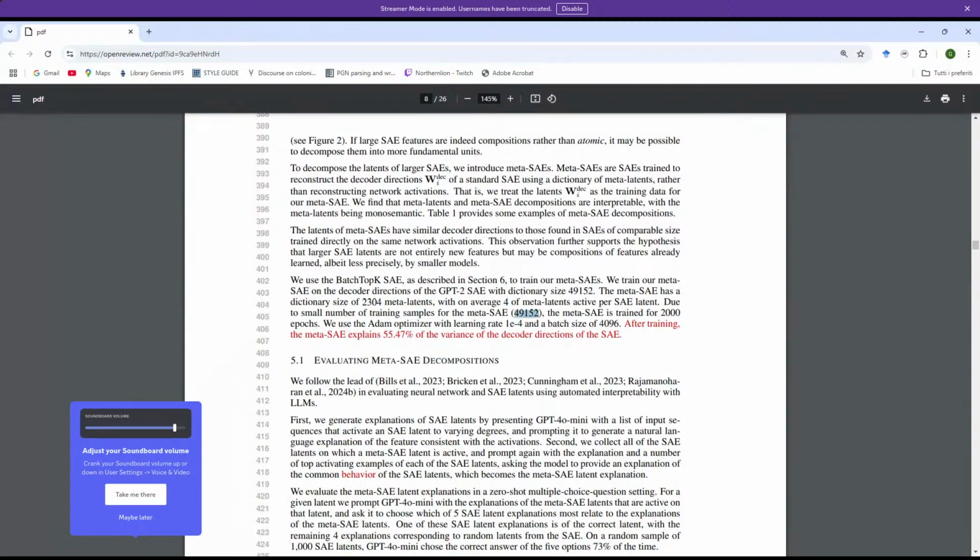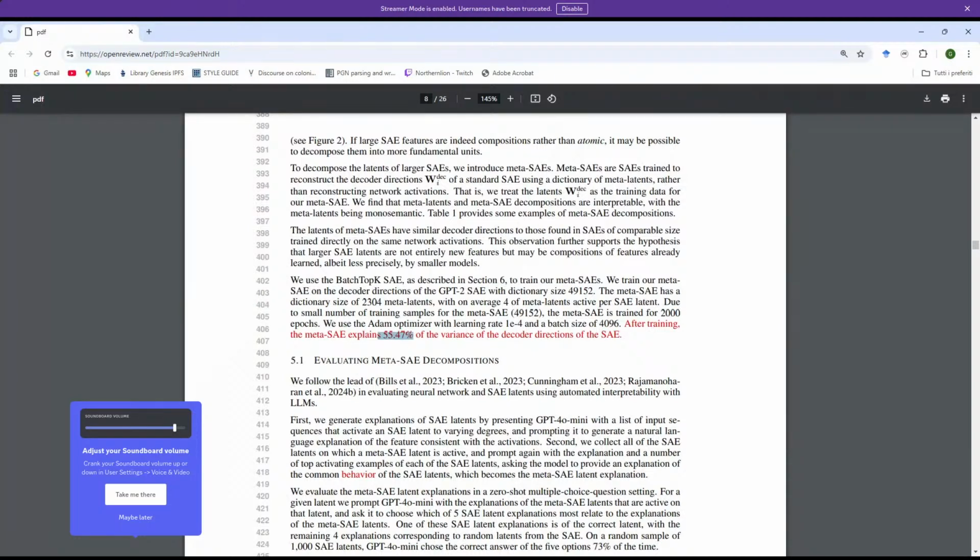Because there's only this number of samples, because they're actually using the directions and not the activations, they have to train for a lot of epochs for it to converge, and that's maybe why the variance explained is not so good, because there's not enough diversity in the data set, I guess.